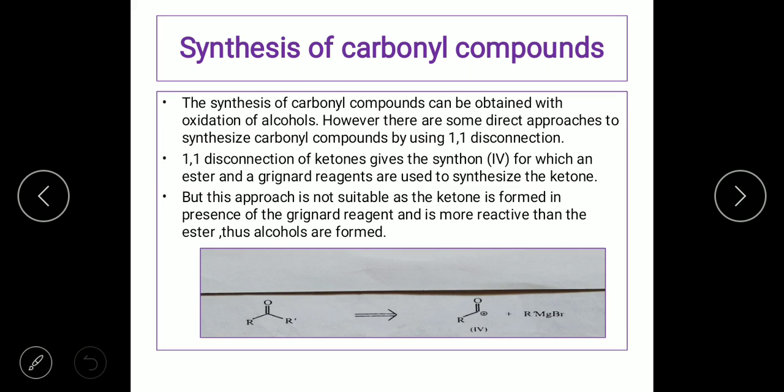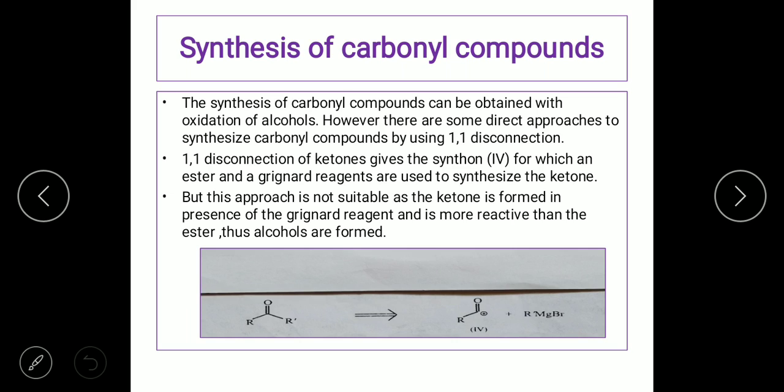The synthesis of carbonyl compounds can be obtained with oxidation of alcohols. However, there are some direct approaches to synthesize carbonyl compounds by using 1,1 disconnection. 1,1 disconnection of ketones gives the synthon 4, for which an ester and a Grignard reagent are used to synthesize the ketone.